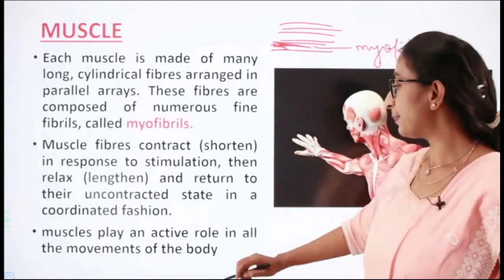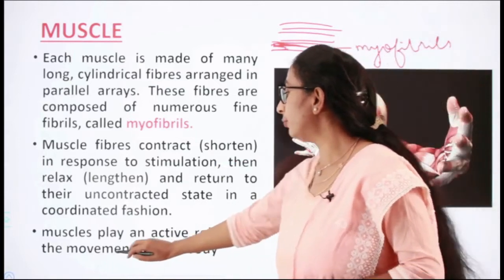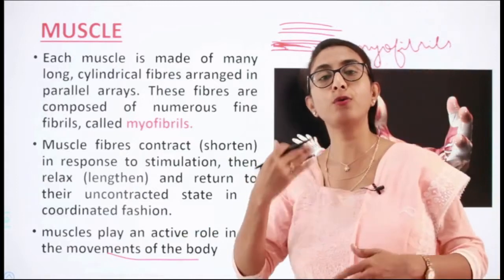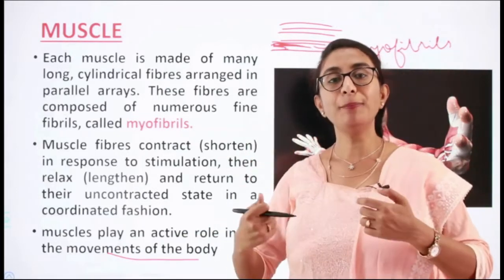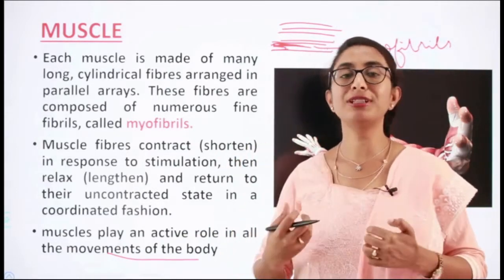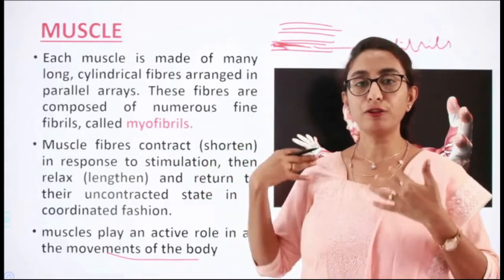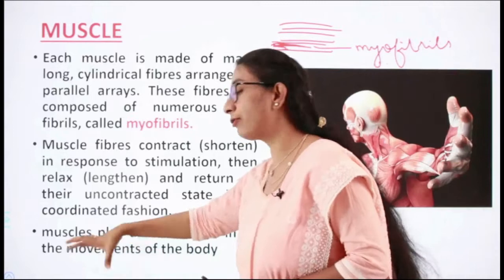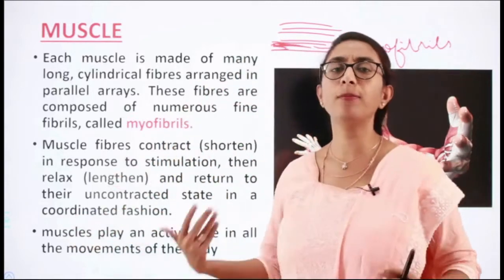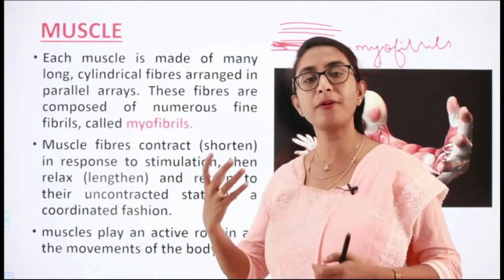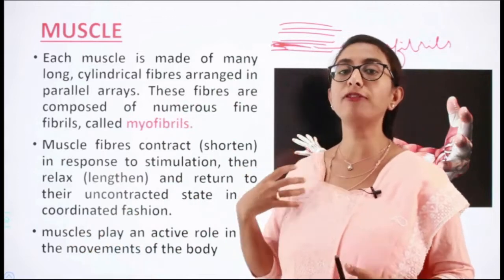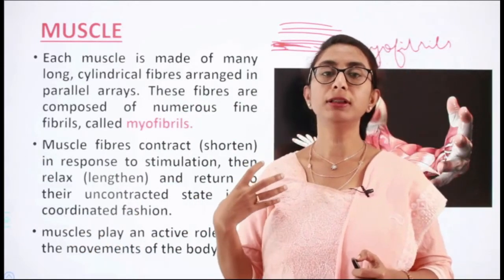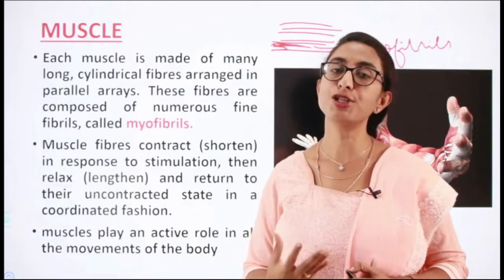Then, muscles play an active role in all the movements of the body. Whatever movements we want to do, whether we want to walk, dance, jump, skip, all of those involve movement of the body, and that involves movement of the muscles. Be it running, jumping, skipping, all of that involves active involvement of the muscle tissue.